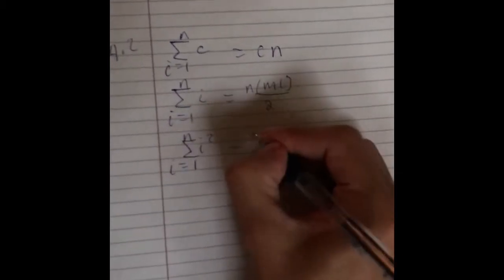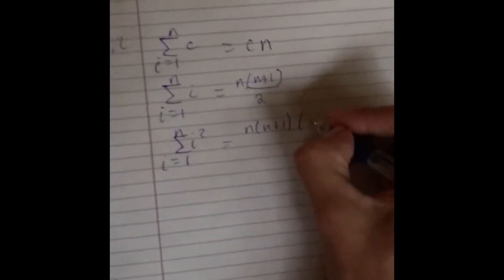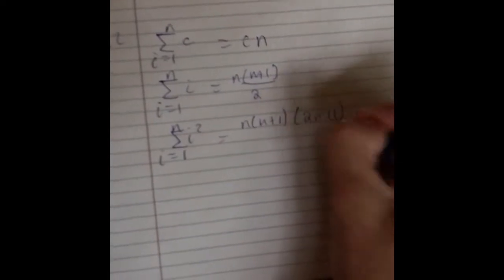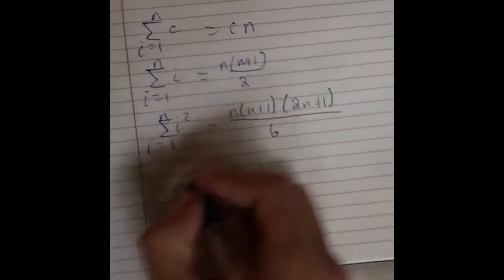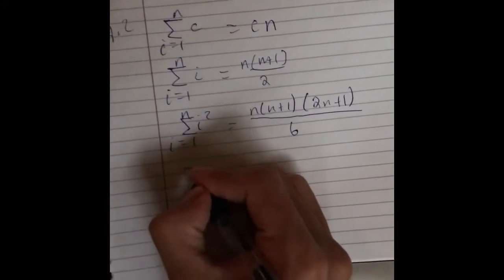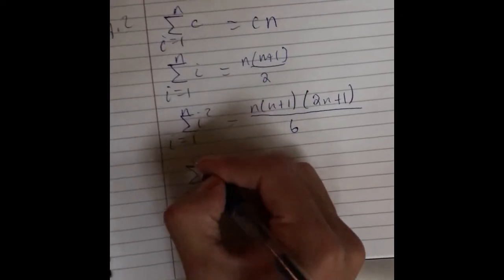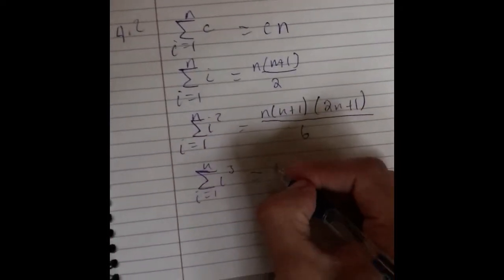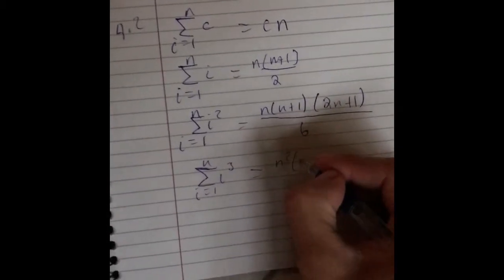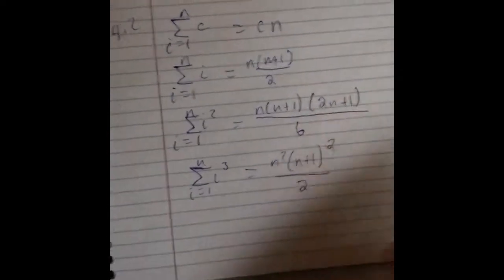And to find this out, we get n times n plus 1 times 2n plus 1 over 6. And to go even further, which is the last formula we are going to talk about in this section, is i cubed. And this is n squared times n plus 1 over 2, and this n plus 1 is squared.